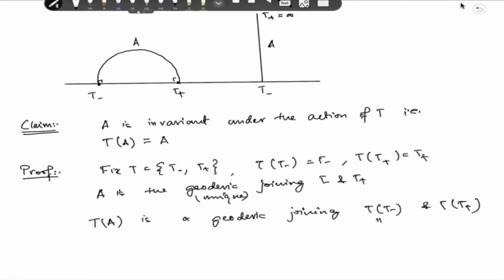And T of T minus is exactly equal to T minus and T of T plus is exactly equal to T plus. Because it is a unique geodesic space, T of A has to be equal to A, as the upper half plane is a unique geodesic space.